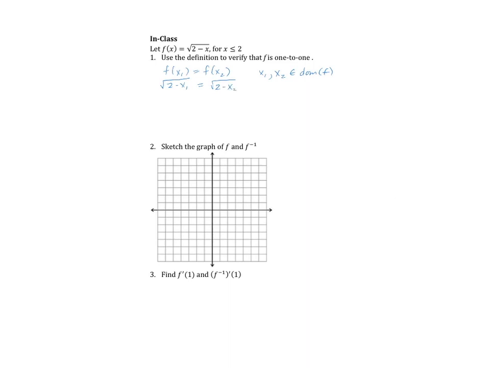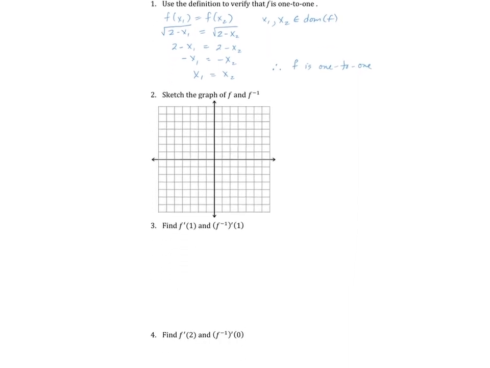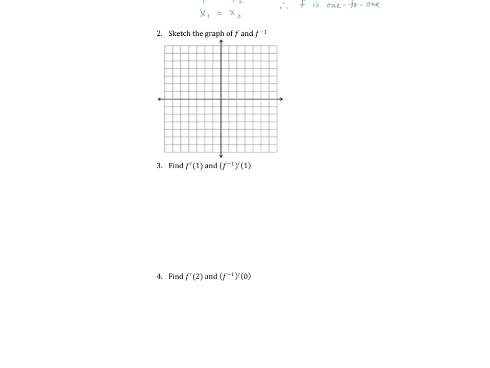And then when we square both sides, I have 2 minus x sub 1 is equal to 2 minus x sub 2. So subtracting 2 from each side, and then dividing by negative 1, I have x sub 1 is equal to x sub 2. So therefore, my function is 1 to 1.